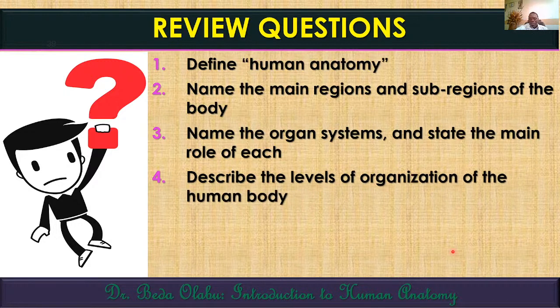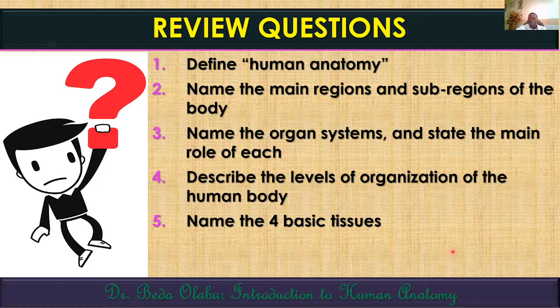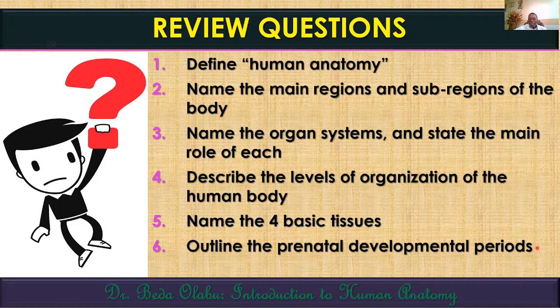You can also describe the levels of organization of the human body from simple, starting from atom, up to complex, the organism. You're able to name the 4 key basic tissues, and you can outline the prenatal developmental periods as I've done for you.